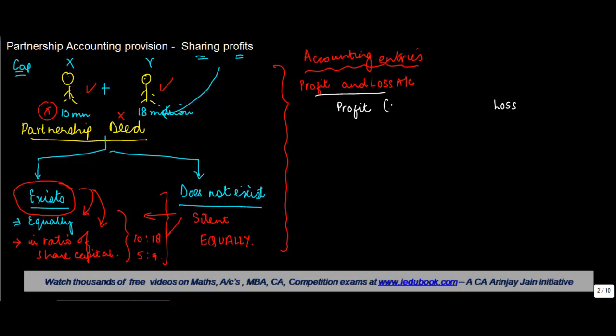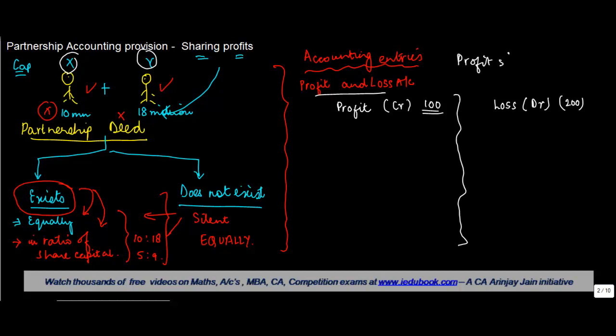We know that profit has a credit balance and loss has a debit balance, right? So let's take, for example, a profit of 100 in the first example and a loss of 200 in the second example. Let's say X and Y share profits equally.